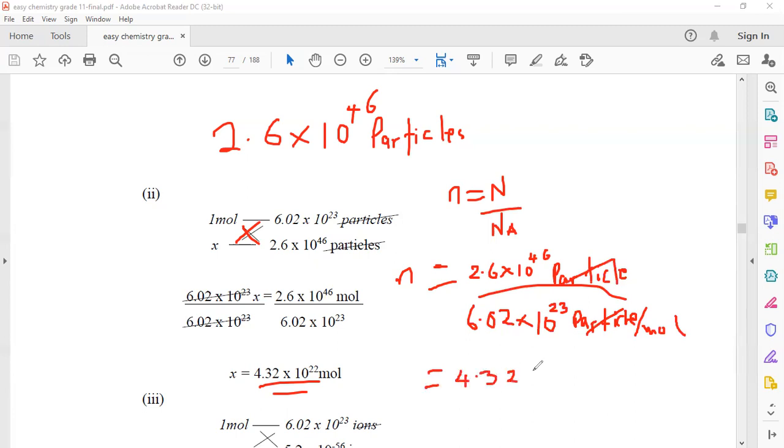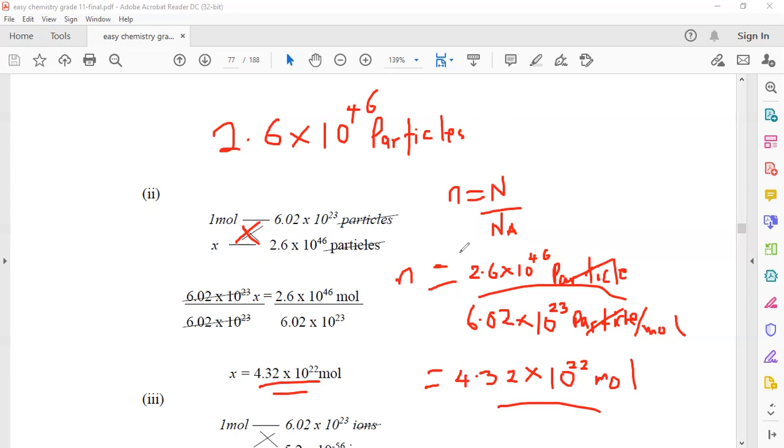4.32 times 10 to the power 22. So whichever method you decide to use, you still get the same answer. So what is important is, how do you punch this on the calculator?